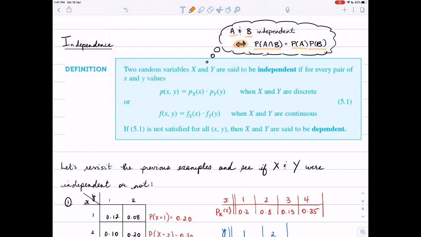The other definition, they are equivalent, uses conditional probability.